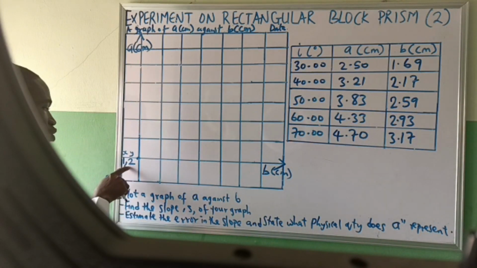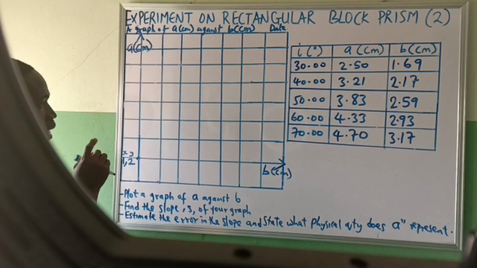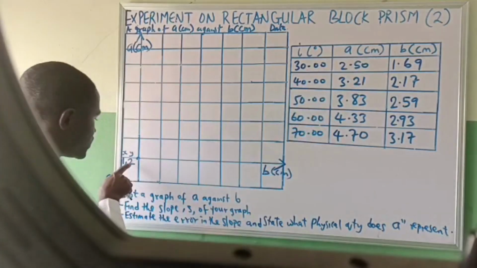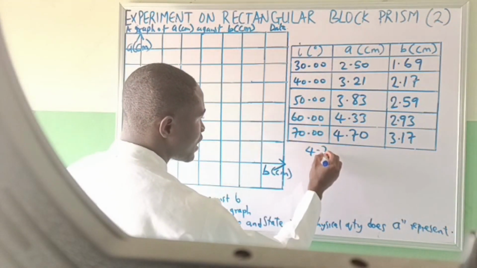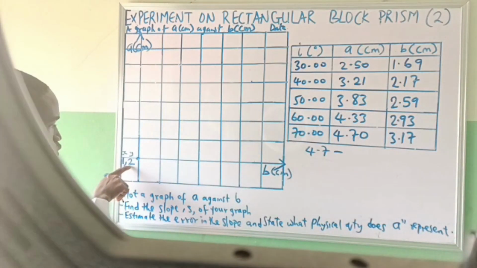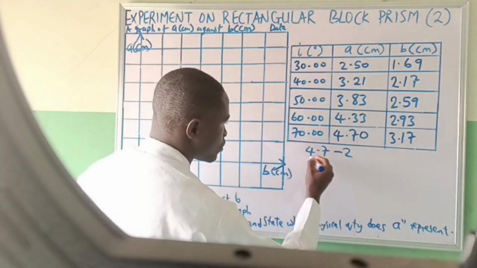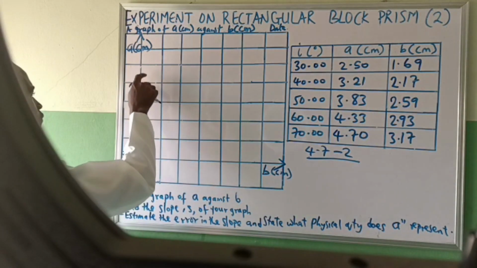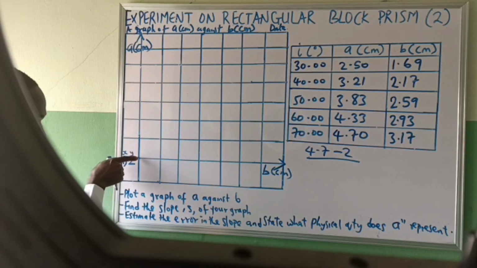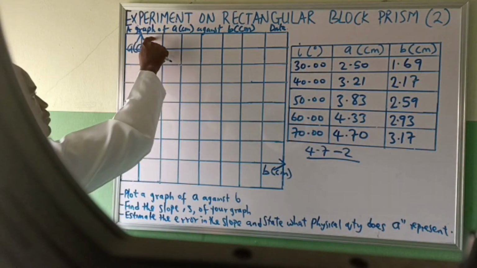Now that will take you to know what we will put here. I will ask myself for A, which is this Y axis, what is the highest? 4.7. 4.7 minus where I am starting from, which is 2, not 0 but 2, all over how many spaces? 1, 2, 3, 4, starting from where the plotting is to start, that is from here, not from here. 1, 2, 3, 4, 5, 6, 7.